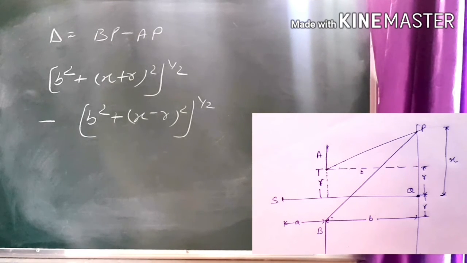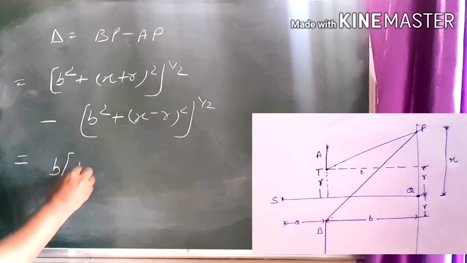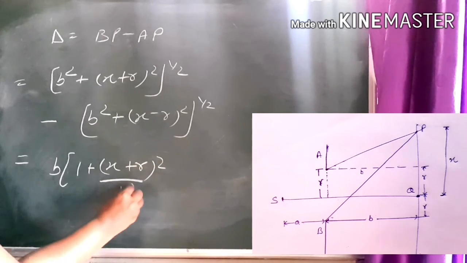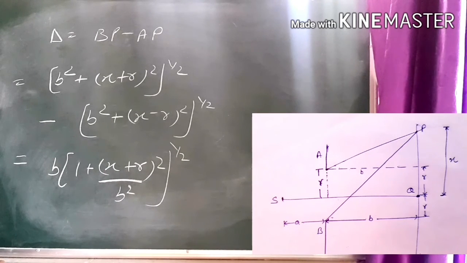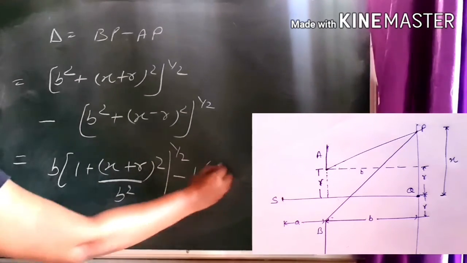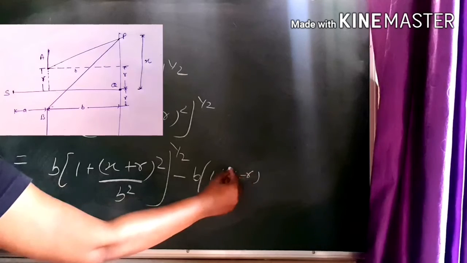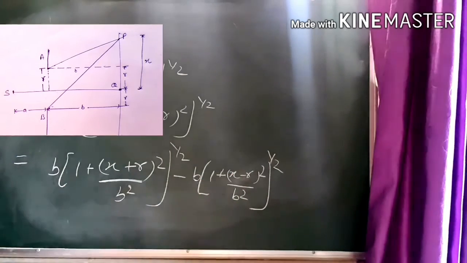Now again taking the constant values outside the bracket, we have b into (1 plus (x plus r) square by b square) raised to power 1 by 2, and similarly minus b into (1 plus (x minus r) square by b square) raised to power 1 by 2.